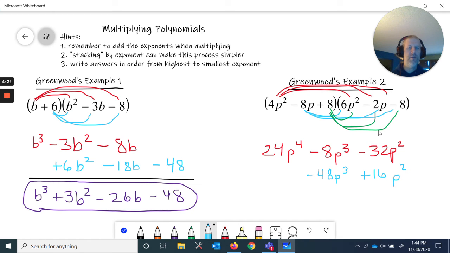And then negative 8p times negative 8, so this last blue combination. Negative 8 times negative 8 is positive 64. There's one p variable along for the ride.